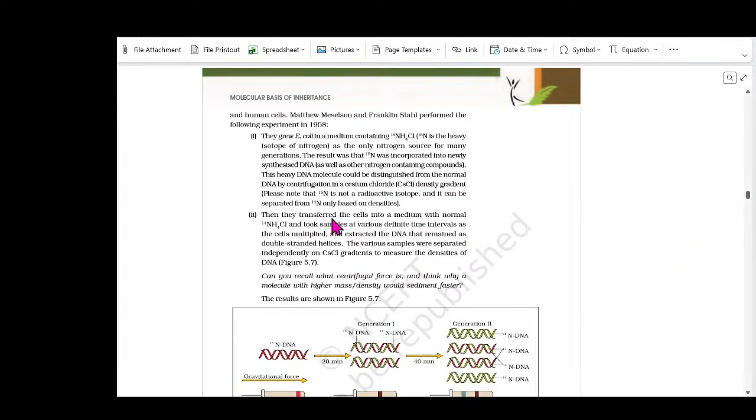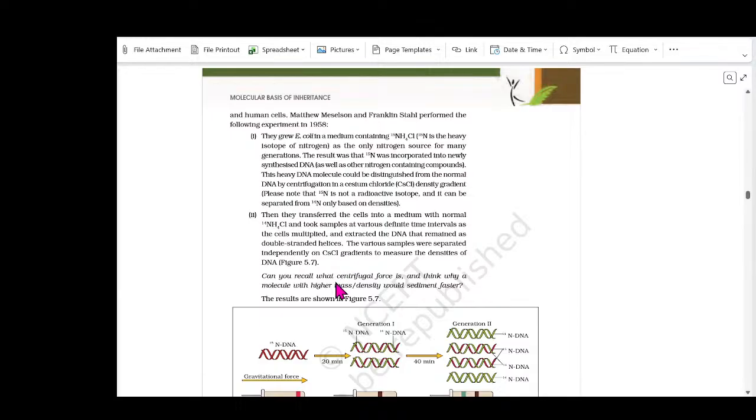Then they transferred the cells into the medium with normal N14 ammonium chloride and took samples at various definite time intervals as the cells multiplied and extracted the DNA that remained as double-stranded helices. The various samples were separated independently as cesium chloride gradients to measure the densities of DNA.